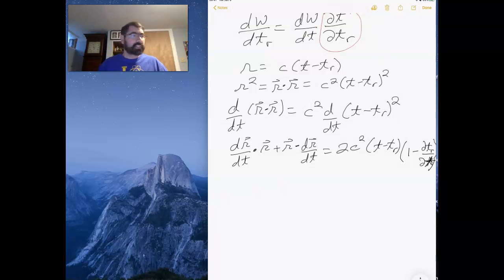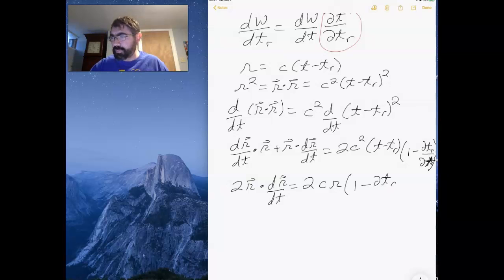On the left-hand side, I have 2r dotted into the change in r with respect to time. On the right, I get 2c r, since c times the time difference is just r, times 1 minus this partial derivative of times.